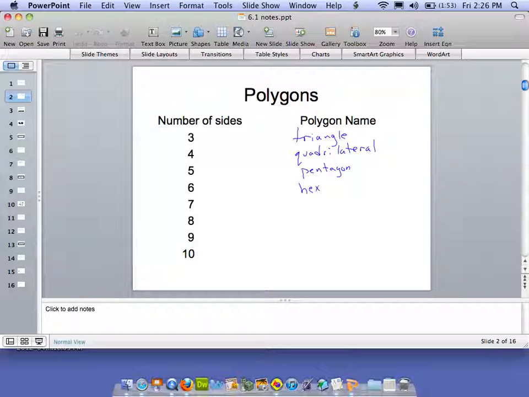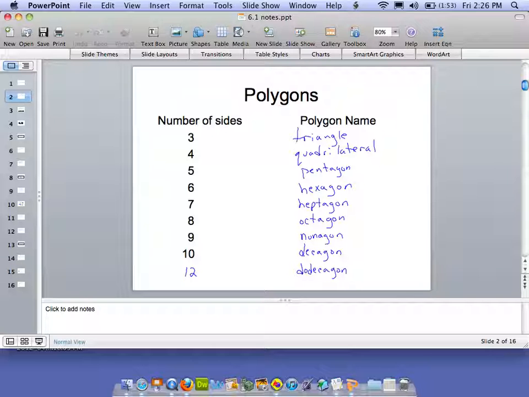Six-sided would be a hexagon. Seven-sided is a heptagon. Eight-sided is an octagon. A nine-sided polygon is called a nonagon. A 10-sided figure is a decagon. And let's add 12. 11 really doesn't get talked about much because it's an odd shape, but 12 sides would be a dodecagon.